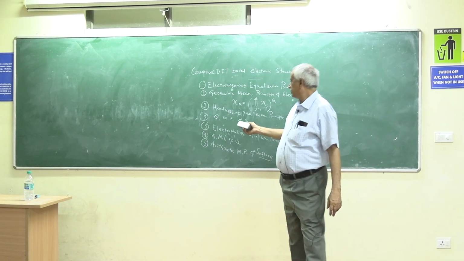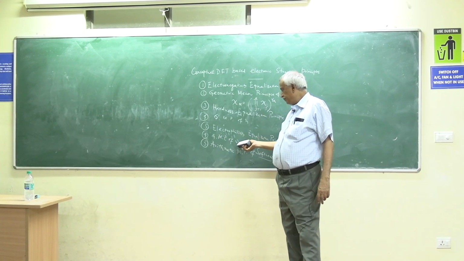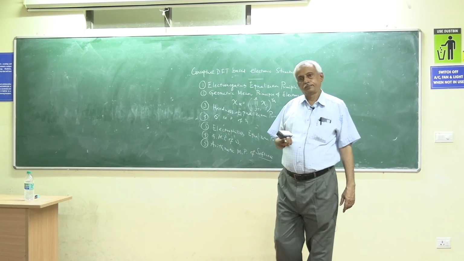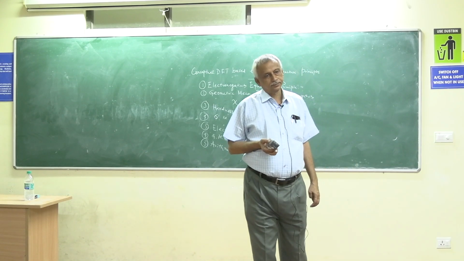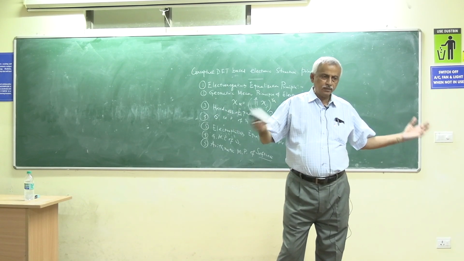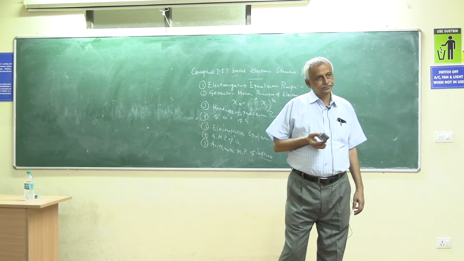So this is geometric mean principle of hardness, electrophilicity equalization principle, geometric mean principle of electrophilicity, arithmetic mean principle of softness. Okay. And as I explained in case of electronegativity, you can explain other quantities also exactly in the same fashion.